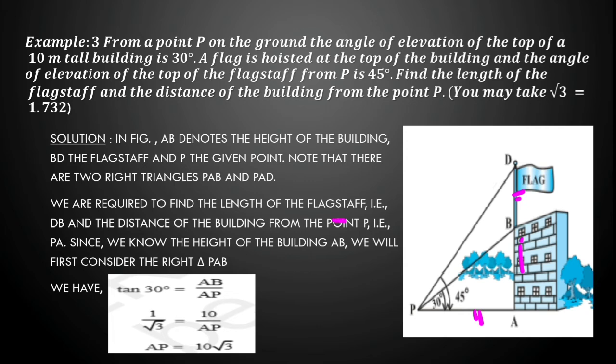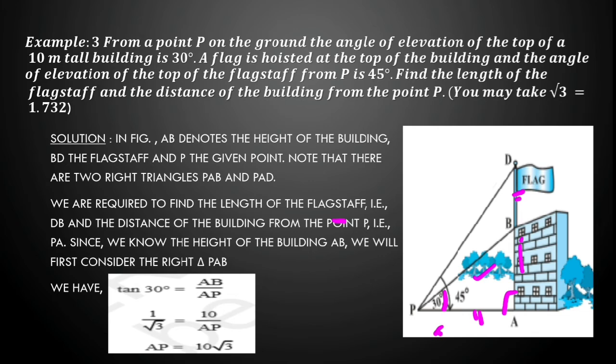Now if you look at triangle PAB, this is a right angle triangle which involves the acute angle 30 degree, angle APB, this one. From here you can find this AP distance. How?